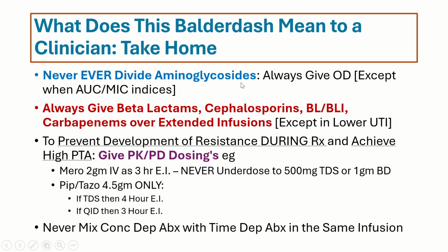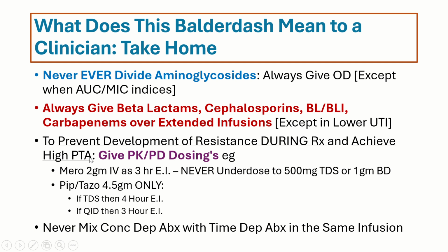Also, always give the beta lactam drugs like cephalosporins and all the BL-BLA combination carbapenems as extended infusions, except in cases of lower UTI where you want maximum antibiotic to come into the bladder rather than to remain in the kidneys. This is to prevent the development of resistance during treatment and achieve high probability of target attainment.